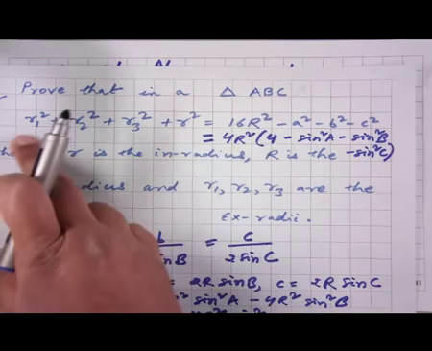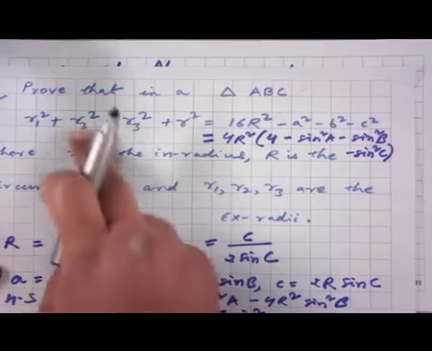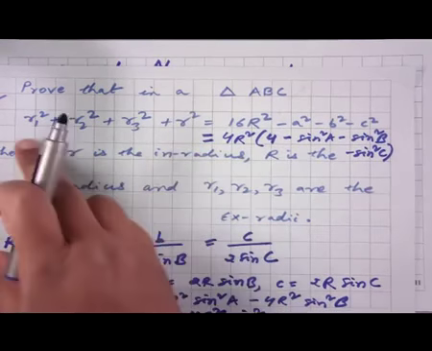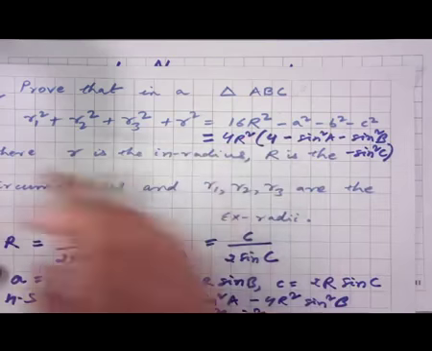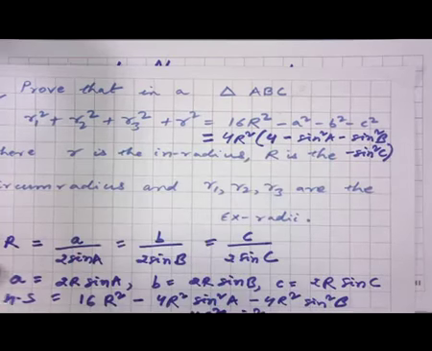So we expect to also have an R square in each of these three terms, so that we can cancel R square from both sides, and we will be left with only trigonometric functions.